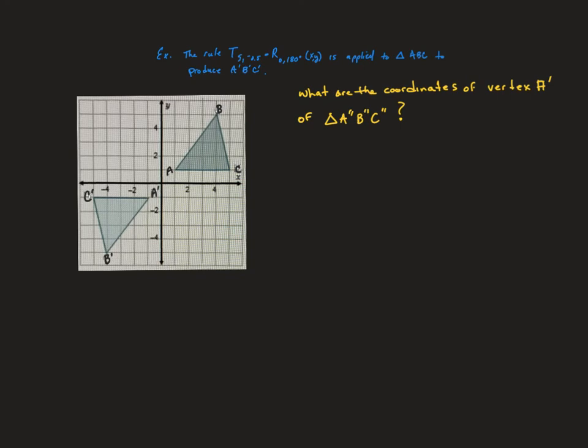So the first thing we did was we went ahead and accomplished the first rotation in this image. So we have rotated 180 degrees, and that is my new image. And then it says, what are the coordinates of the vertices A double prime, B double prime, C double prime of triangle A double prime, B double prime, C double prime?